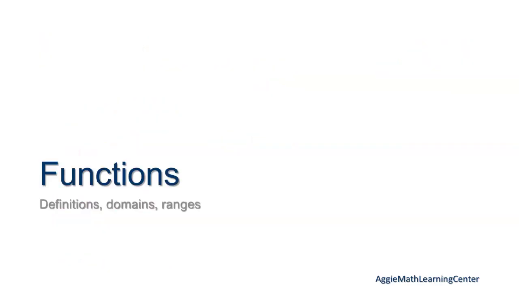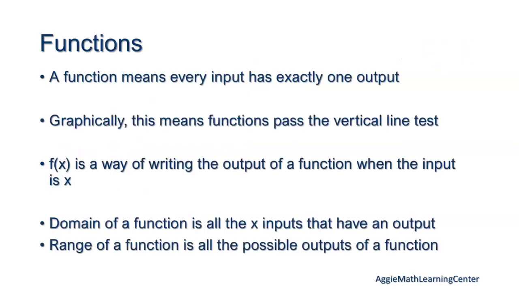Okay, so we're going to talk about functions, domains, and ranges of functions. A function means that every input has exactly one output. That means it passes the vertical line test. So if we have an x, there's only one y for each x.